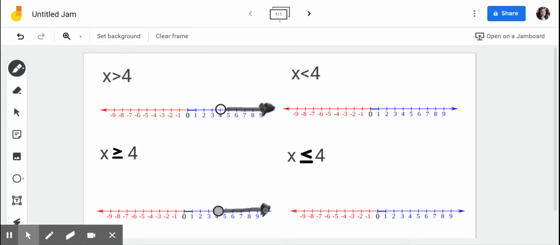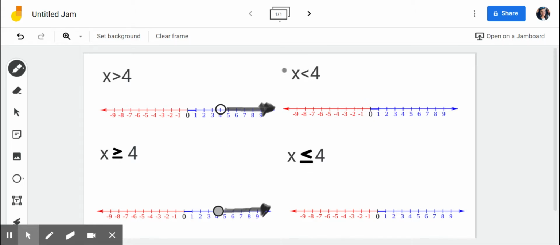So everything that's greater than or equal to 4. The difference between these two is when it's equal to 4, you can shade it in because it's included. When it doesn't have the equal to bar, it has to be an open circle because technically 4 isn't included, it's just where we're starting.